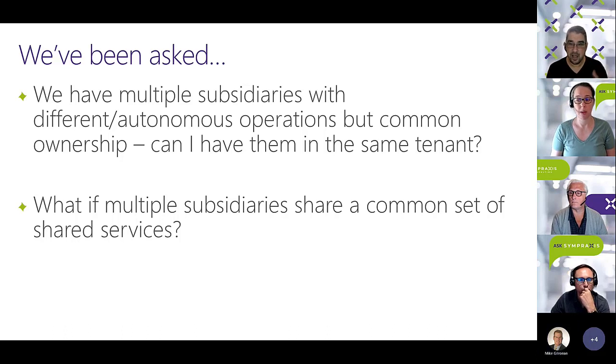But then they have a parent company that handles HR, finance, all of those big global things. I worked with a very large company that had that model, and personally, I would not put them in the same tenant.